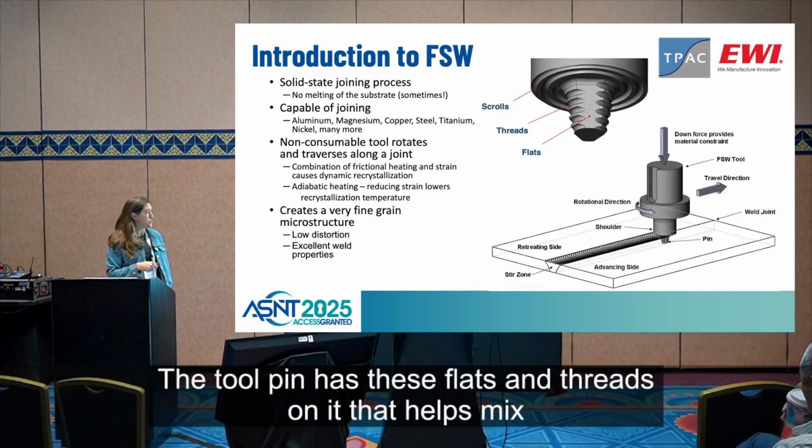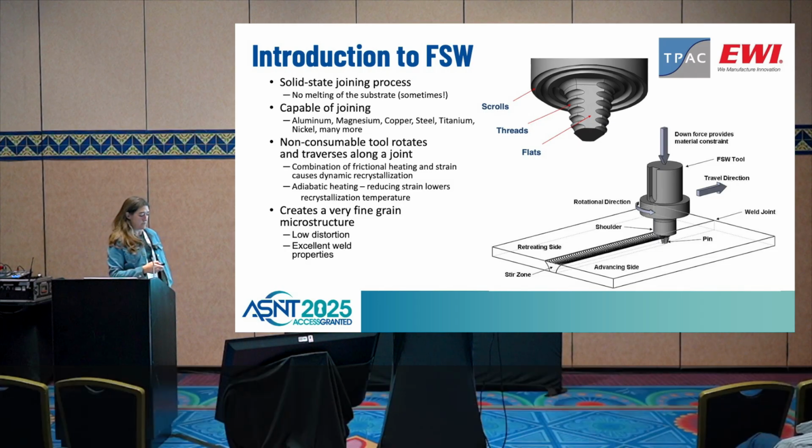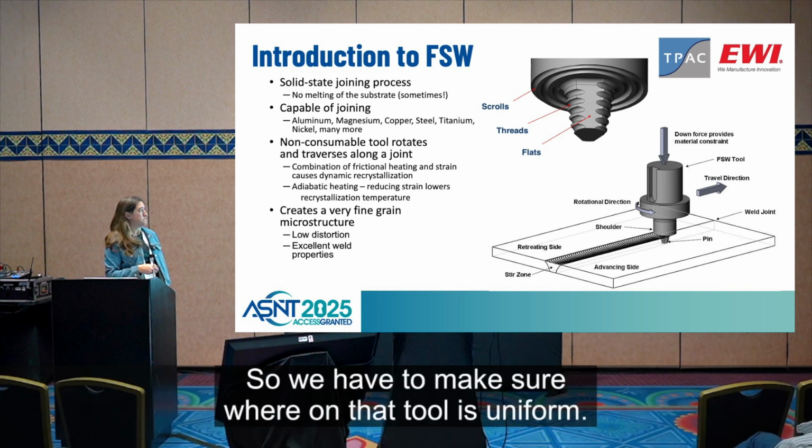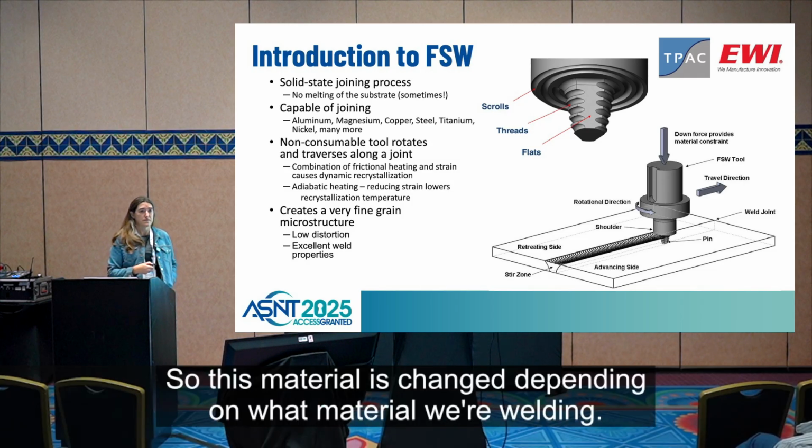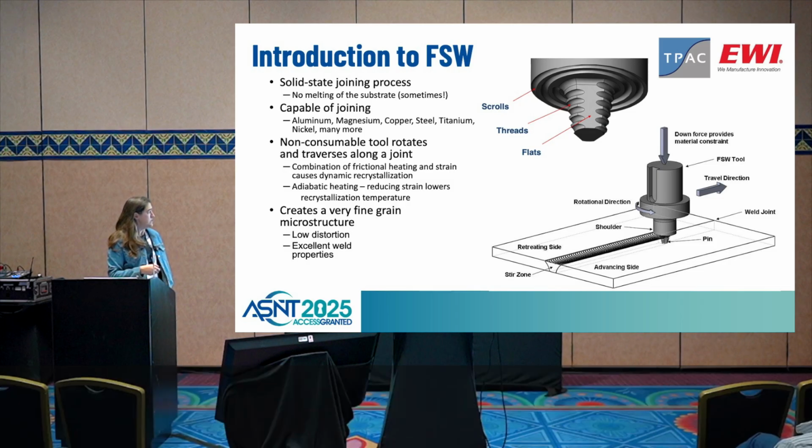The tool pin has these flats and threads on it that help mix the material together. So we have to make sure wear on that tool is uniform. It should be a non-consumable tool, so this material is changed depending on what material we're welding.